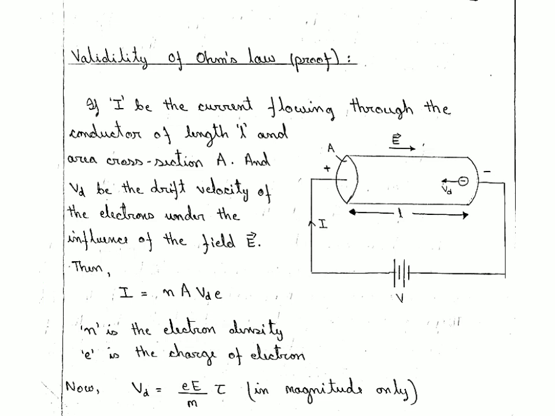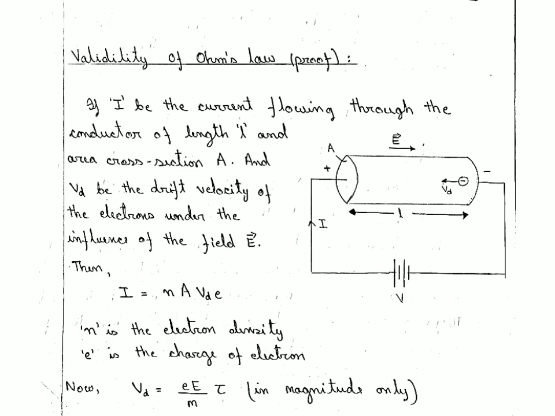So using the relation of current and drift velocity, we have I equal to nAeVd. n is the electron density, the electrons per unit volume. e is the charge of the electron or the elementary charge, and Vd is the drift velocity.